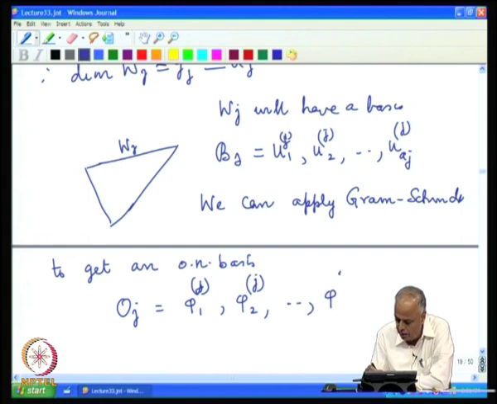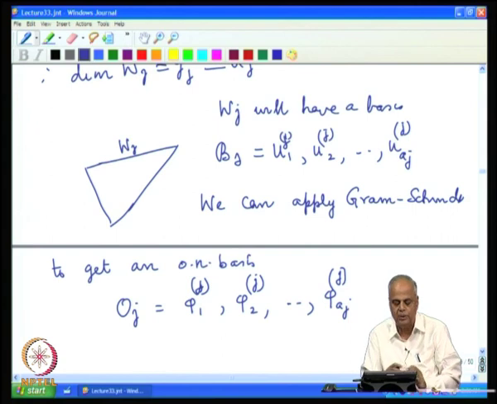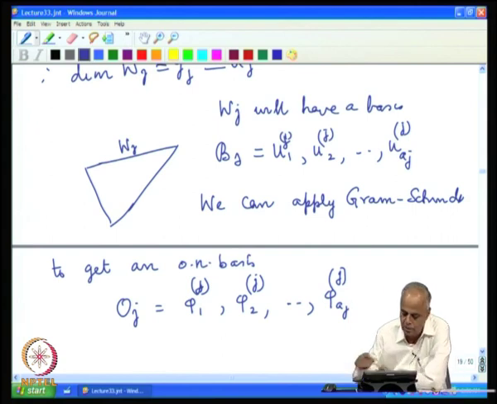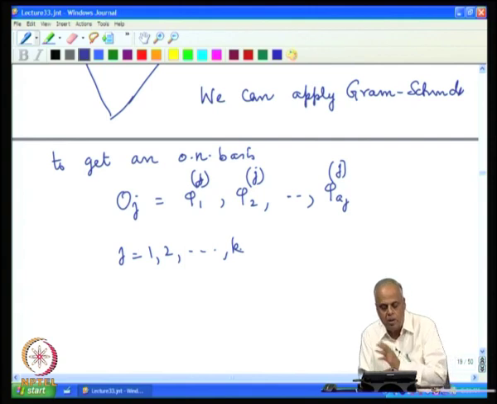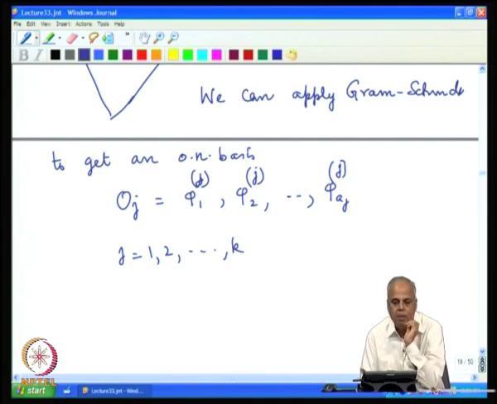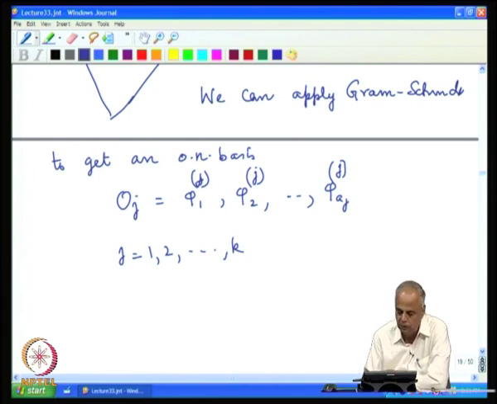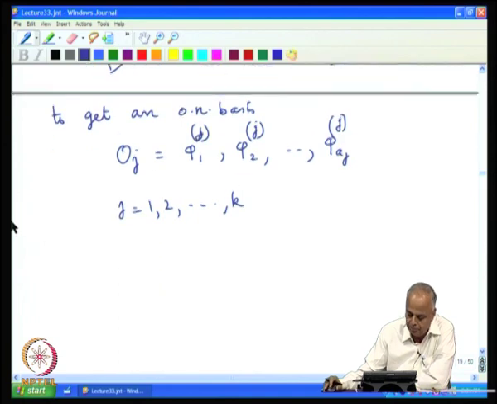So, we can get an orthonormal basis for Wj consisting of Aj vectors. We can do this for j equal to 1, j equal to 2 and up to j equal to k. For each one of these eigenspaces we can construct an orthonormal basis, and the number of vectors in this orthonormal basis will be exactly equal to the algebraic multiplicity of the eigenvalue.